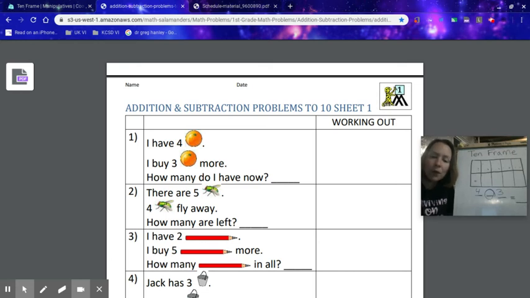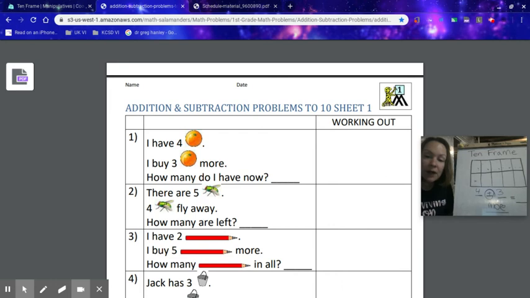So I have 4 oranges. I buy 3 more. That's our key word, 3 more. That means this is an addition problem. So we know that we are looking to solve 4 oranges plus 3 more oranges equals how many altogether?